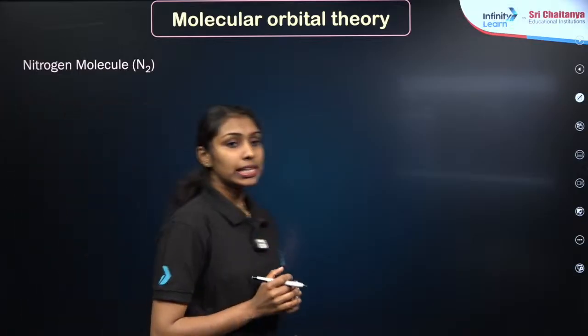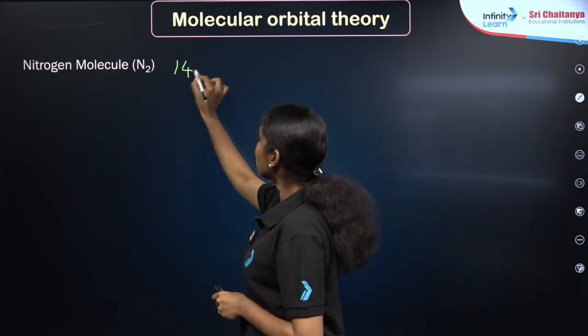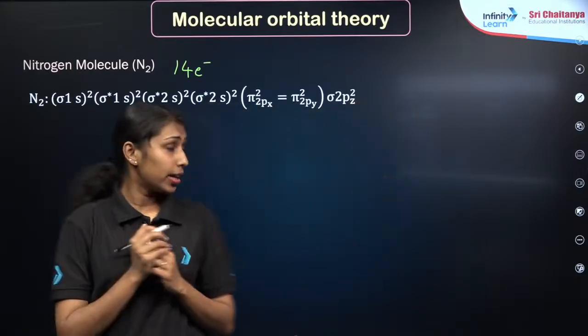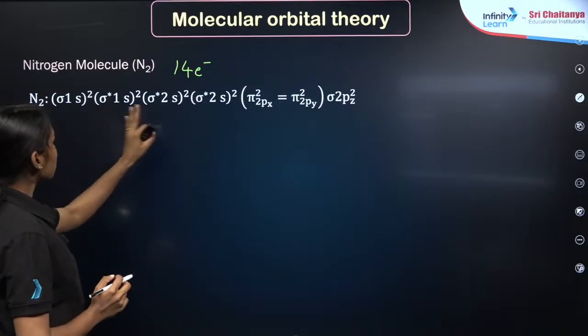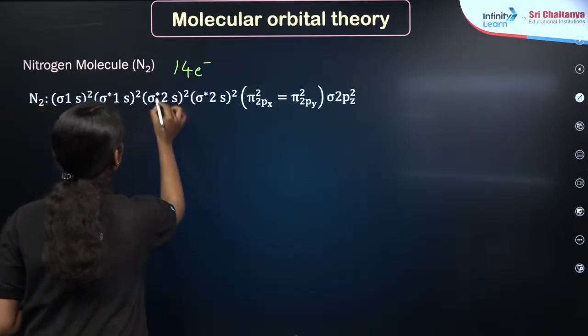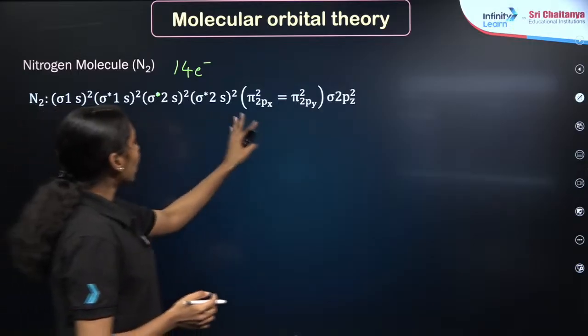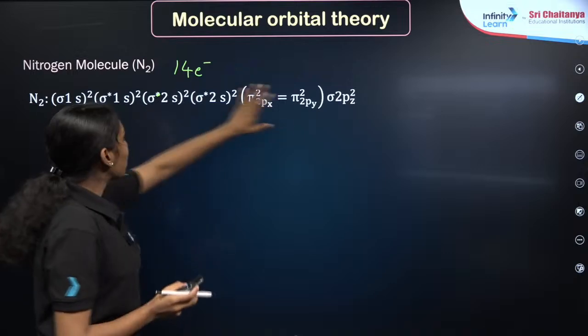Now the next molecule is the nitrogen molecule, right? The nitrogen molecule has 14 electrons. This will be the molecular orbital electronic configuration: sigma 1s2, sigma star 1s2, sigma 2s2, then sigma star 2s2, pi 2px2, pi 2py2, then sigma 2pz2, right? In total, it will be 14 electrons.